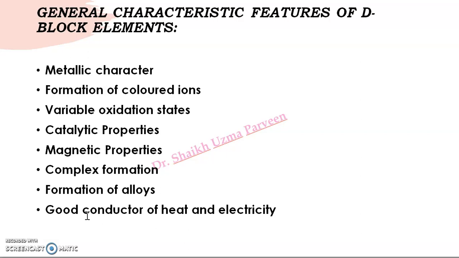Because of this, the electron can move from one level to another, and they show the variable oxidation states. And atomic and ionic radii of transition elements are smaller than those of the p block elements and larger than those of the s block elements.